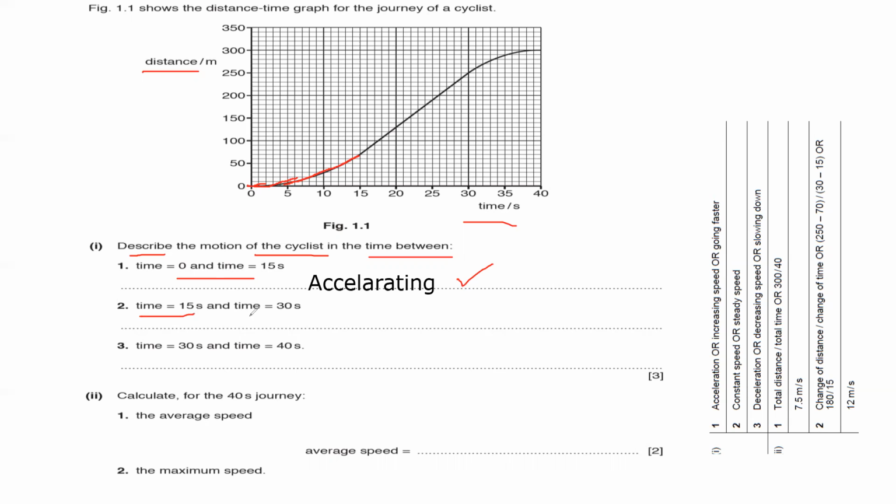Then from 15 seconds to 30 seconds, what is happening? It's a straight line on a distance time graph. When it's a straight line on a distance time graph, it shows that the speed is constant, or the speed is not changing, or you can say it is a uniform speed.